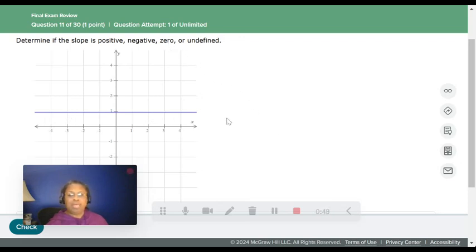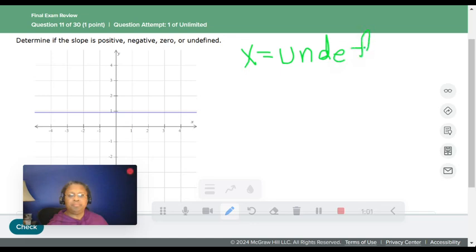Remember, our vertical line is undefined. I know writing with the mouse is just free entertainment.